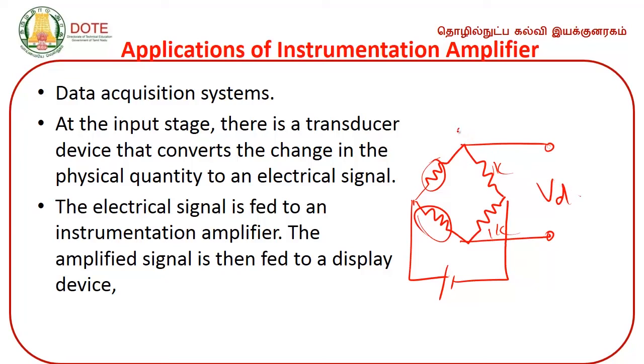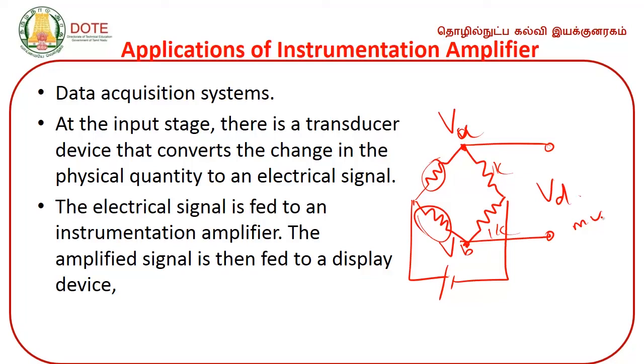Let it be terminal A, terminal B. The potential at this point is Va, the potential at this point is Vb, but I need Va minus Vb, that is Vd. So this voltage now is very less in magnitude, maybe in millivolts. Now I need to amplify this signal to a higher value. So here I can use my instrumentation amplifier.